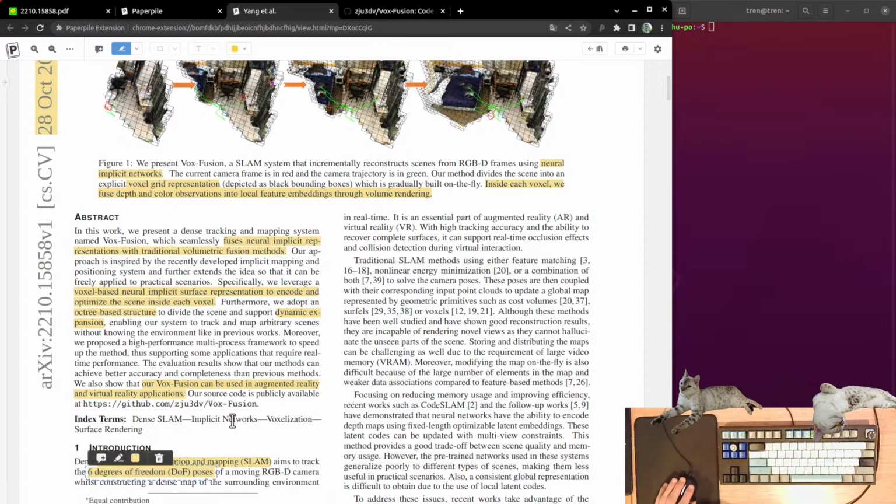You have the 3 degrees of linear position, Cartesian maybe is a better word, X, Y, and Z. And then you have 3 degrees of freedom to represent your rotation of a moving RGB camera whilst constructing a dense map. Okay. Essential part of AR and VR.